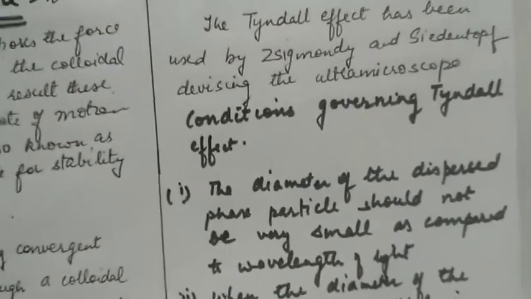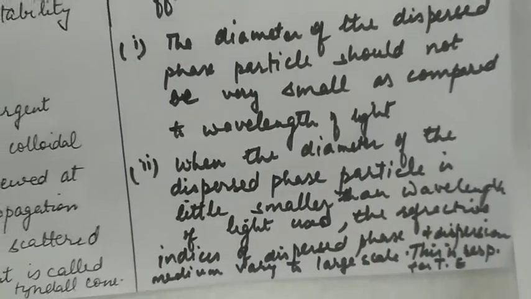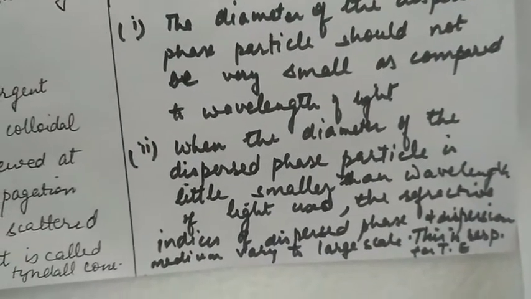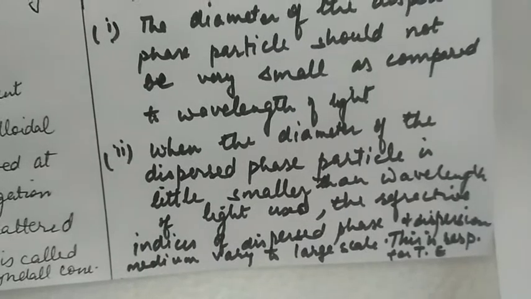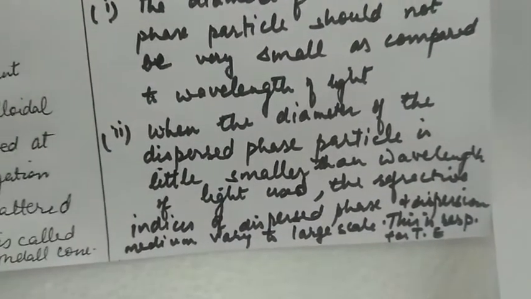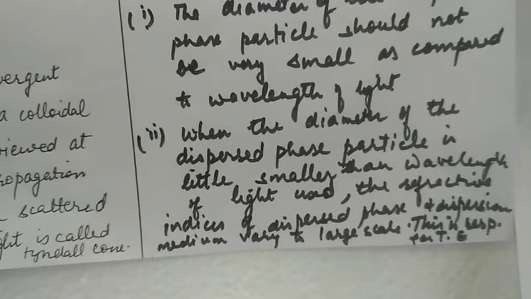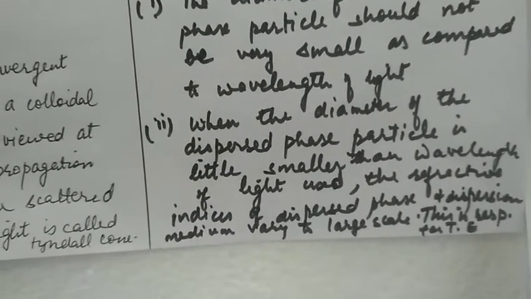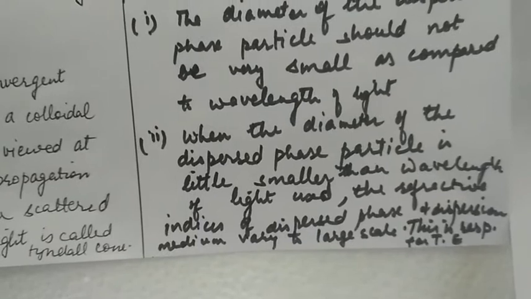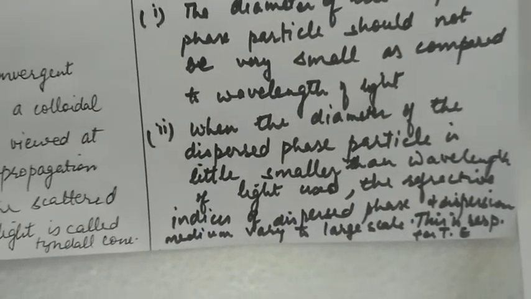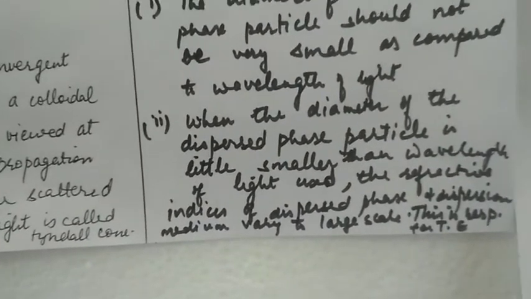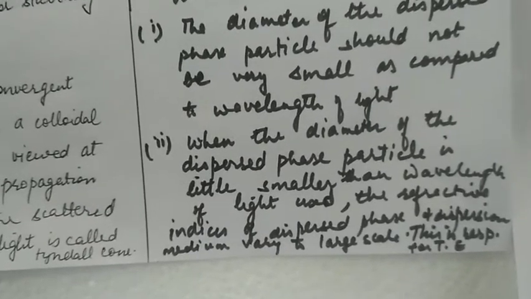Conditions governing Tyndall effect: the diameter of dispersed phase particles should not be very small as compared to the wavelength of light which it scatters, and when the diameter is a little smaller than the wavelength, the refractive indices of dispersed phase and dispersion medium vary to a large extent, and this is responsible for the Tyndall effect.